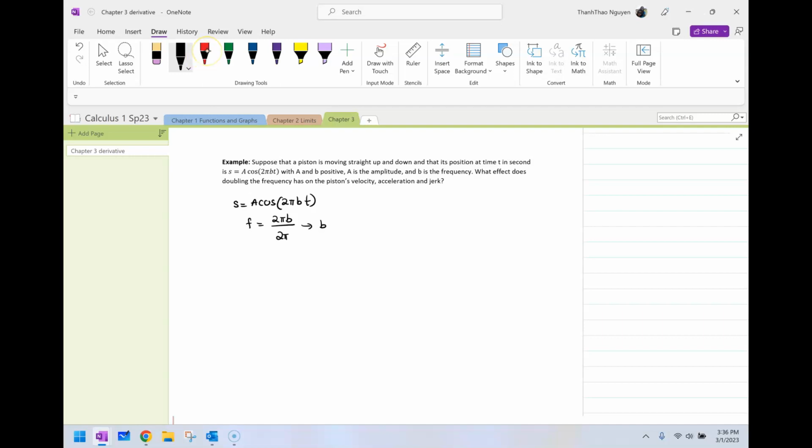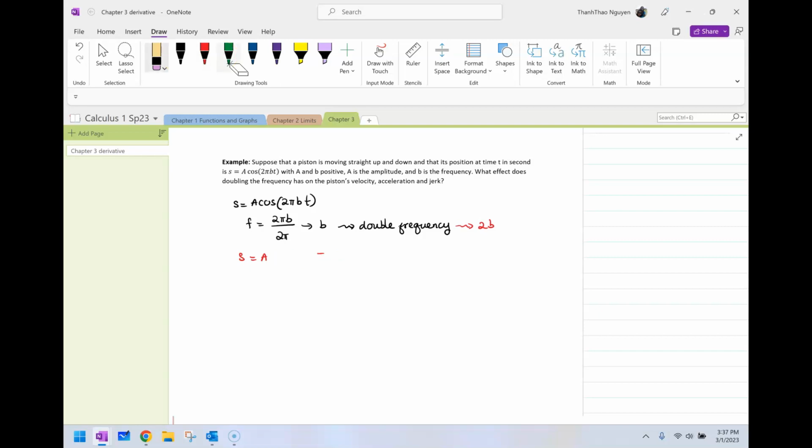So if we want to double the frequency, we are looking at 2b. Okay, so then the function now becomes s equals a cosine of 4 pi bt.